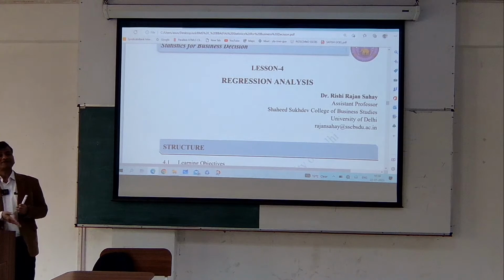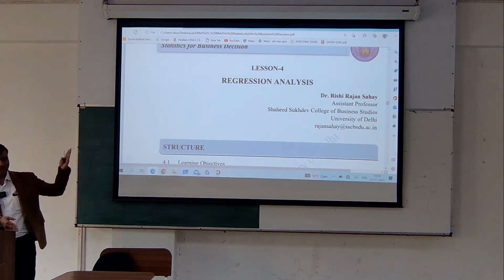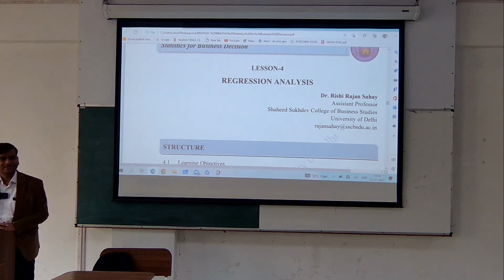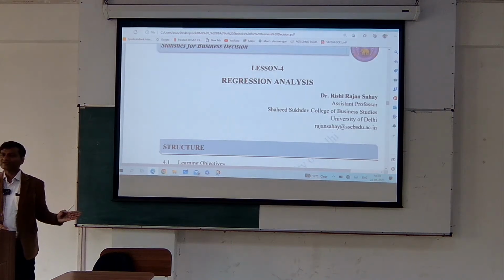And vice versa, if x is increasing while y is decreasing, then you have a negative relationship. There is a relationship, but it is negative. So we can find the relationship between the two variables with the help of statistical measures: covariance, correlation coefficient, coefficient of determination. I hope you have already done all these three.